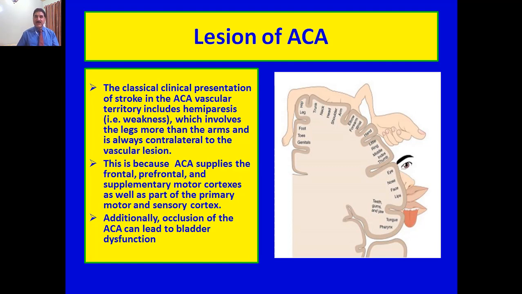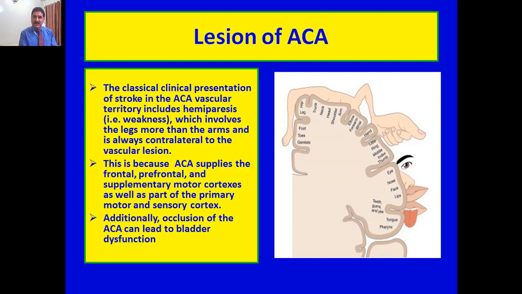Now let us go to the lesions of various cerebral arteries. Lesions of anterior cerebral artery which occur in stroke. The classical clinical presentation of stroke in anterior cerebral vascular territory includes the hemiparesis, that is weakness, which involves the legs more than the arms and is always contralateral to the vascular lesion.